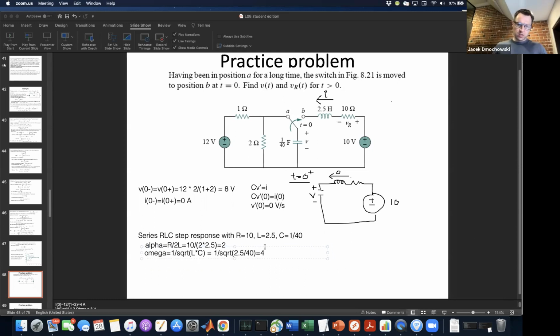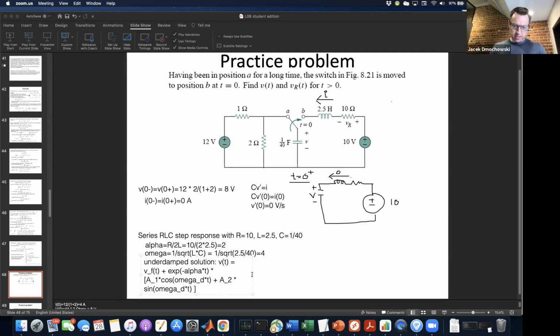And so we know that this is an underdamped solution, meaning that V of t is equal to, and remember now we have the forced component, plus an exponential e to the negative alpha t times a1 times cosine omega d times t, and I'll unpack this in just a minute, plus a2 times sine omega d times t.